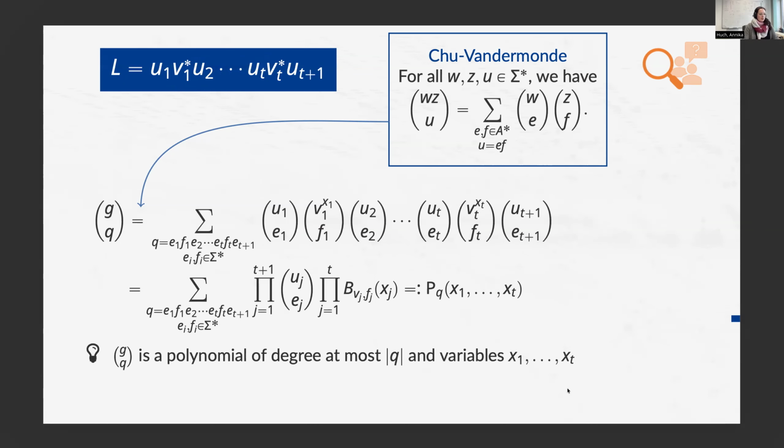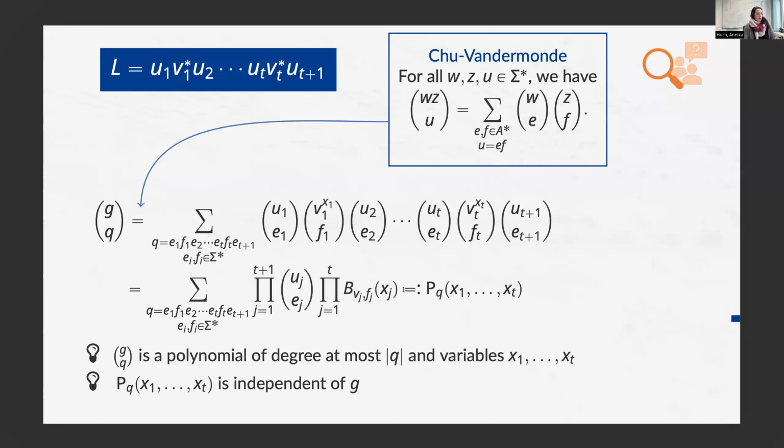So this polynomial has, as we said before, degree at most q, because every one of those b polynomials has at most degree q, and t variables x1 to xt. And furthermore, it is completely independent of the guess, which means, as I said before, this one here is an integer value, and we have here some polynomial equation with t variables.